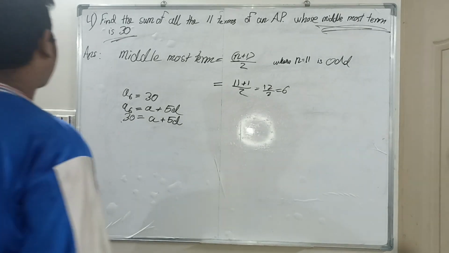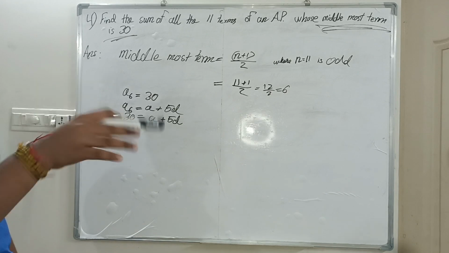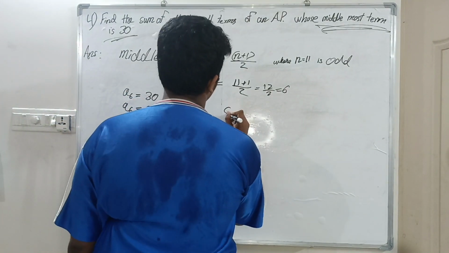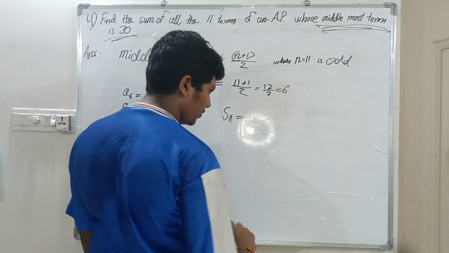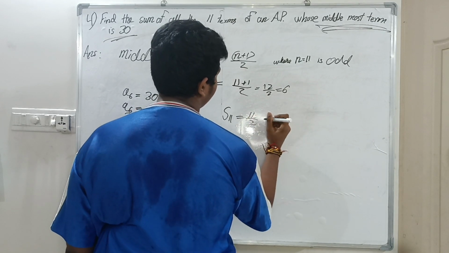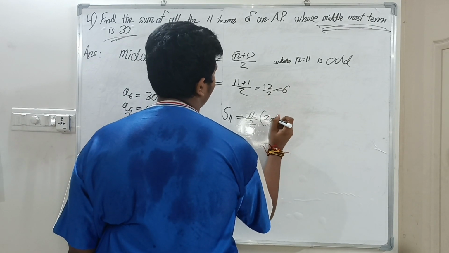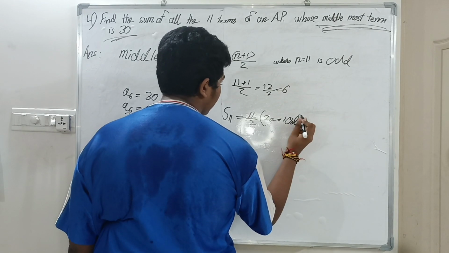Now how are you going to solve this problem? So we'll do one thing. We keep it like this. We just go directly with the sum, shall we? So Sn, which is S11, is equal to 11 by 2 into (2a plus 10d).